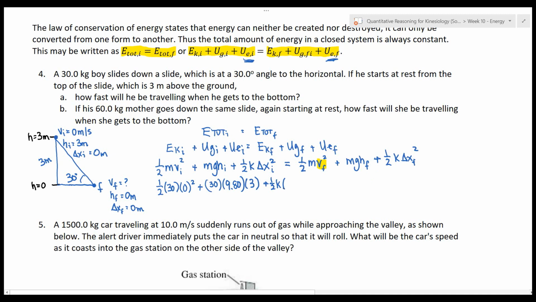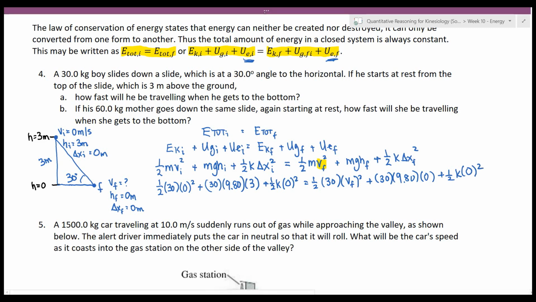I'm just going to write K. My delta x initial is 0 squared is equal to 1/2 mass is 30. V final is what I'm looking for plus M, which is 30. G is 9.8. H final is 0 plus 1/2. I still don't know my K, but there is no spring, so my compression or stretch is still 0.